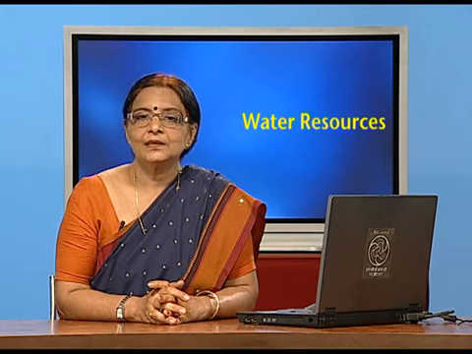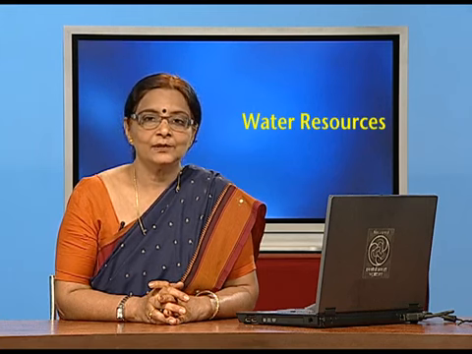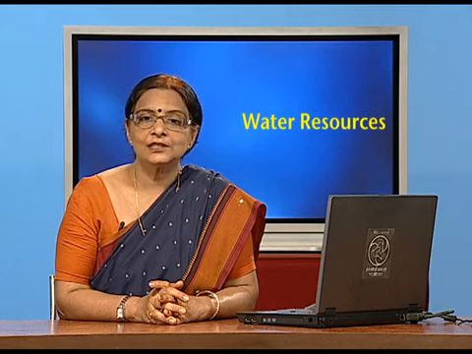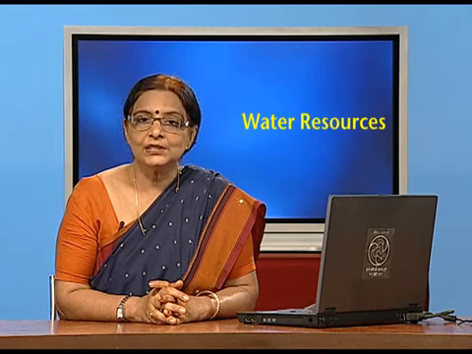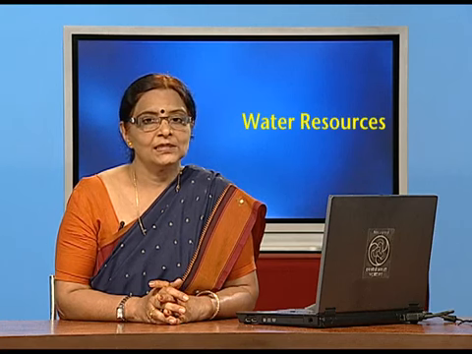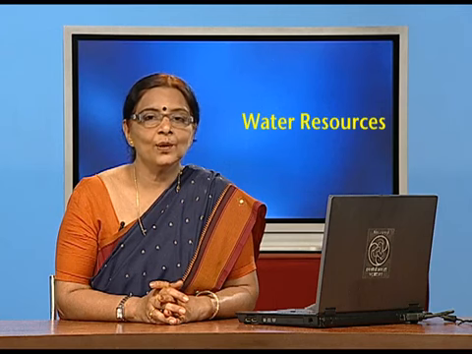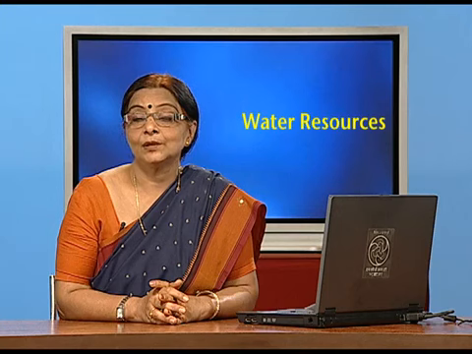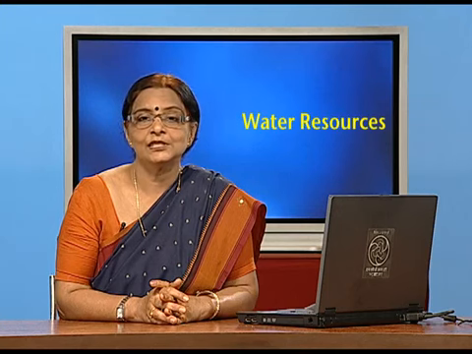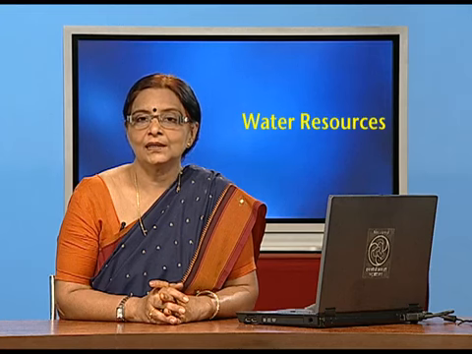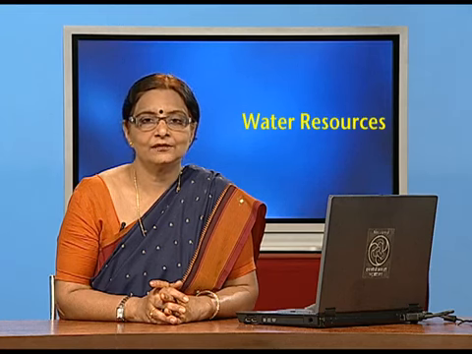So children, under this chapter we have covered why we need irrigation and what factors are essential to have irrigation in the country. Besides that, we have discussed the quality of water, and we have also discussed two important techniques of conserving water, one is watershed management and the other is rainwater harvesting.